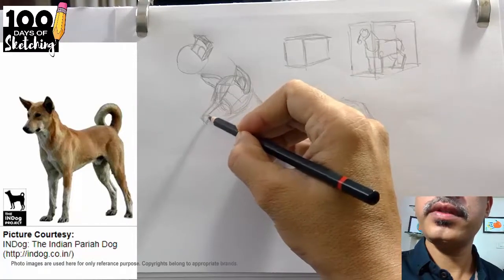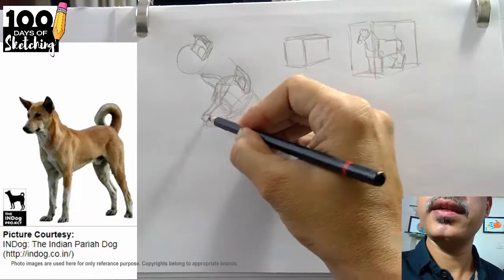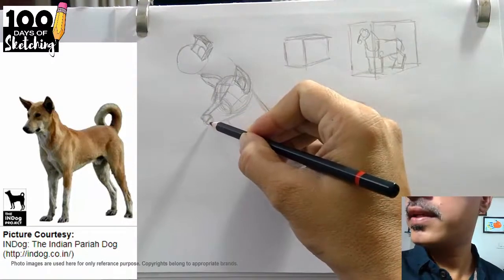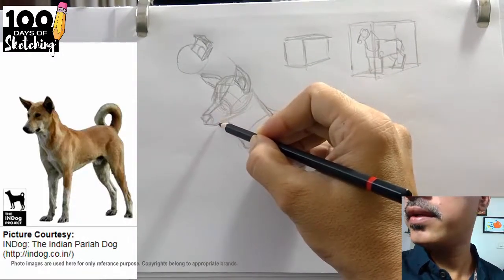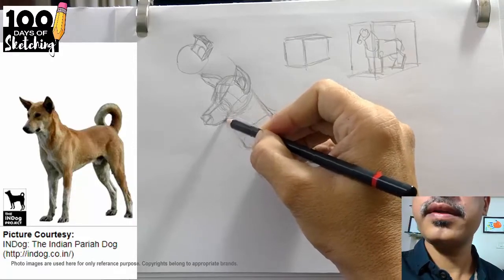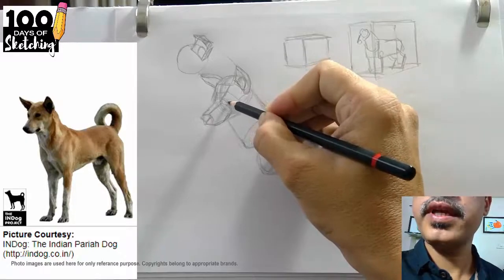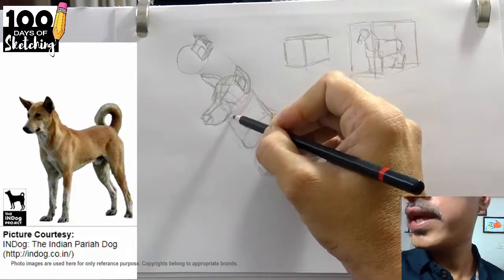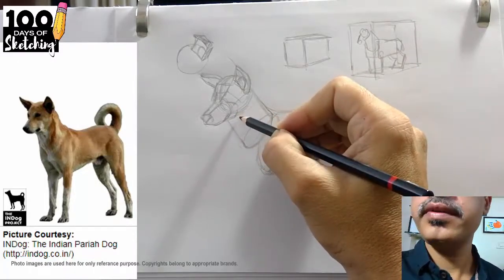Here is a sort of triangle for the nose and nostrils, turning, and this is again the jaw line.